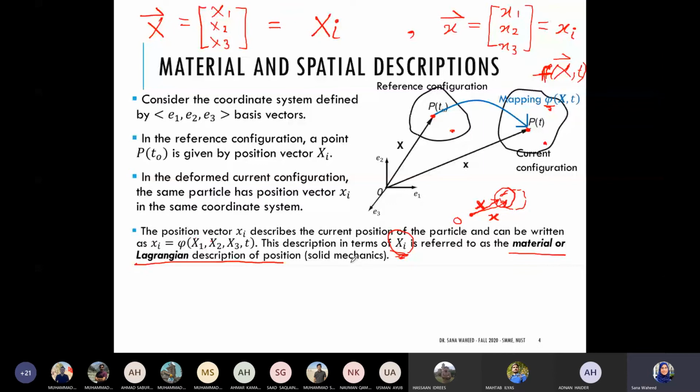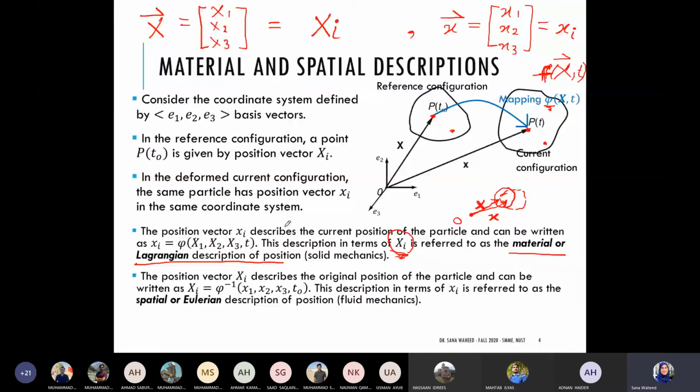Whereas it's actually also possible for me to do the opposite, which is to always be defining things in terms of the current position, in terms of the small xi's.